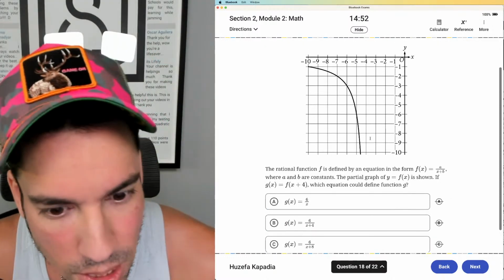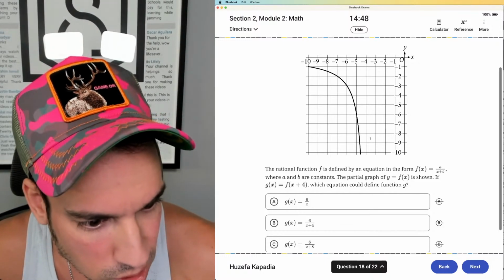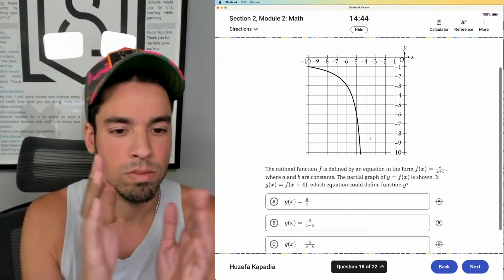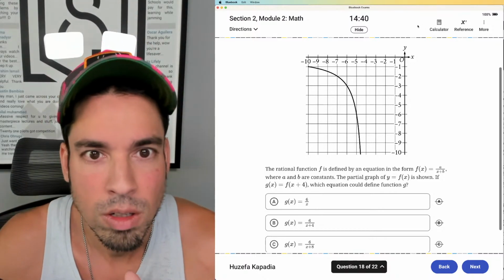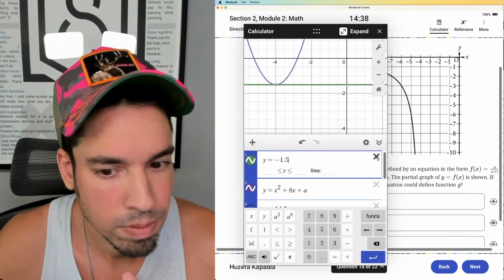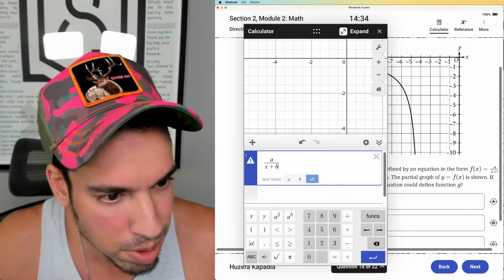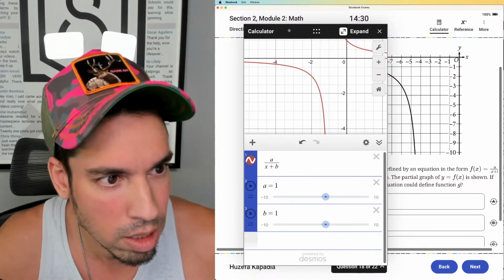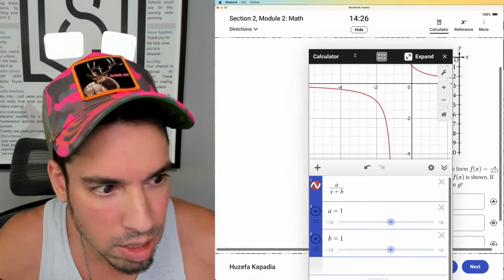Okay, it's defined by that equation, a over x plus b, where a and b are constants. If g of x equals x plus 4... I think we can do this. A over x plus b, and we want sliders, and then we want that point (-10, -1).